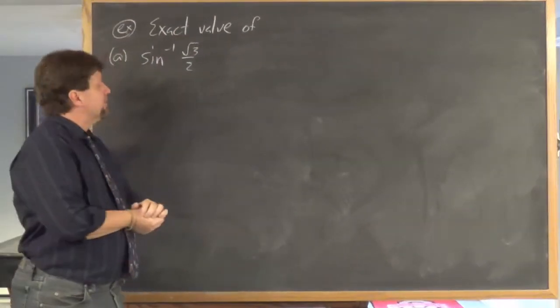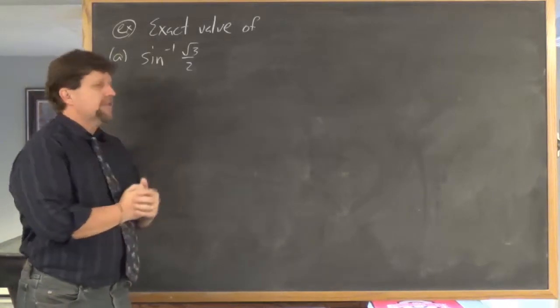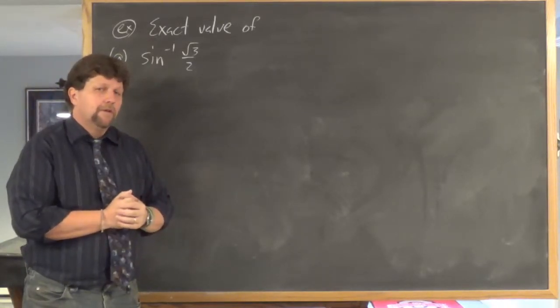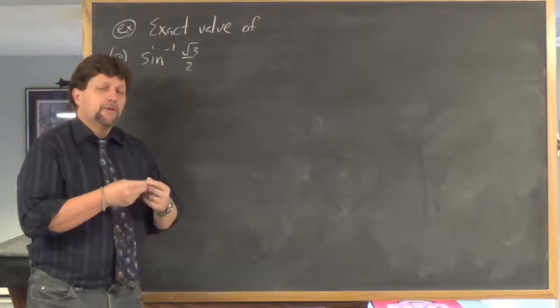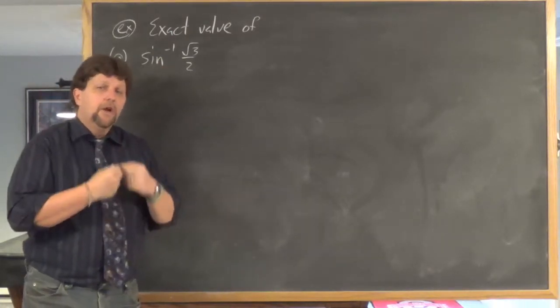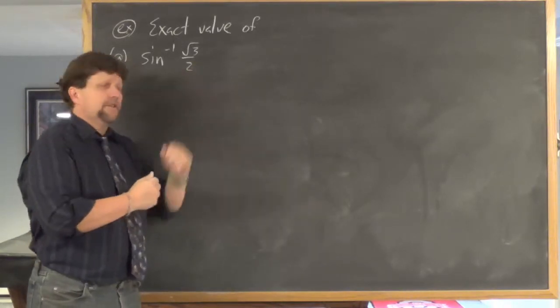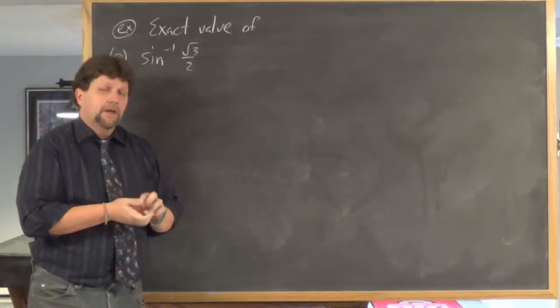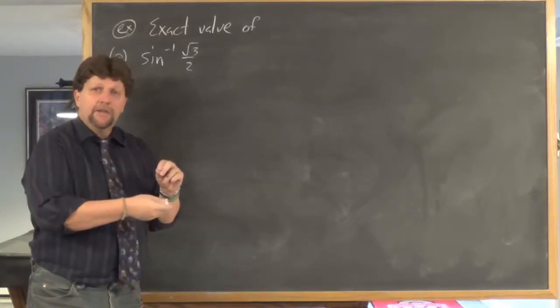Alright folks, first example here, let's find the exact value of inverse sine of square root 3 over 2. Keep in mind, we're trying to find an angle that when we do the sine of that angle, we get square root 3 over 2. And we're looking specifically for an angle on the right half of the unit circle.